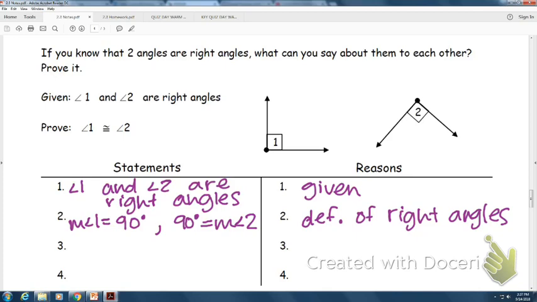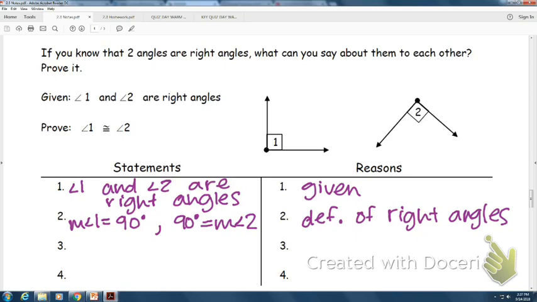Okay, now using the properties that we just learned, what can I do next after I have measure of angle 1 equal to 90 and 90 degrees equal to measure of angle 2? Okay, I could have written this in the other order, but I wrote it this way on purpose so that we could hopefully identify the property that we need to use. Raise your hand for substitution.